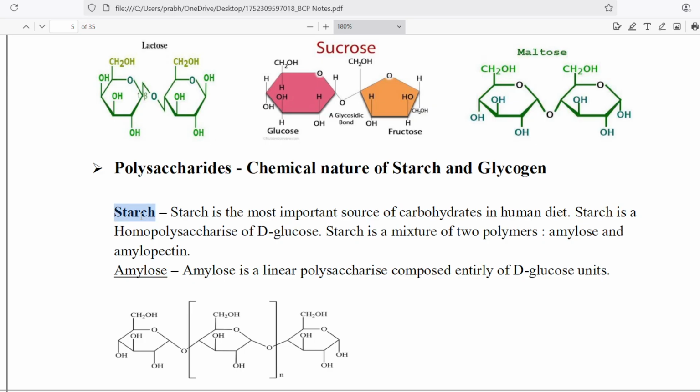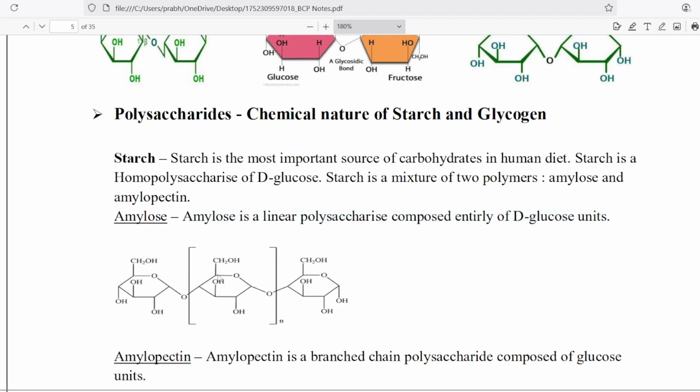So first is the starch. Starch is a polysaccharide. Starch is the most important source of carbohydrate in human diet. Starch is a homopolysaccharide of D-glucose. Starch is a mixture of two polymers, amylose and amylopectin. So, first polymer is the amylose. Amylose is a linear polysaccharide composed entirely of D-glucose units.